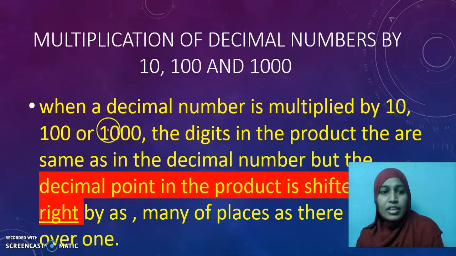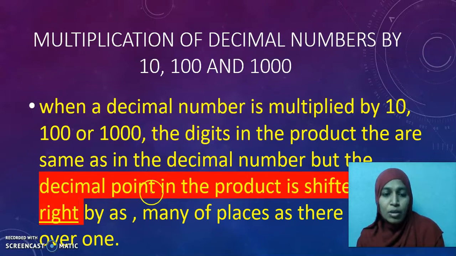So I can in general say, when a decimal number is multiplied by 10 or 100 or 1000, the digits in the product are the same as in the decimal number. There will not be any change. The numbers will be as such. As I have seen now, 125, 125, everywhere it comes 125.